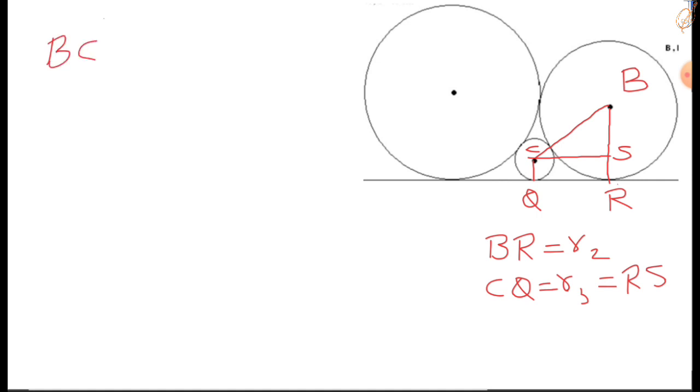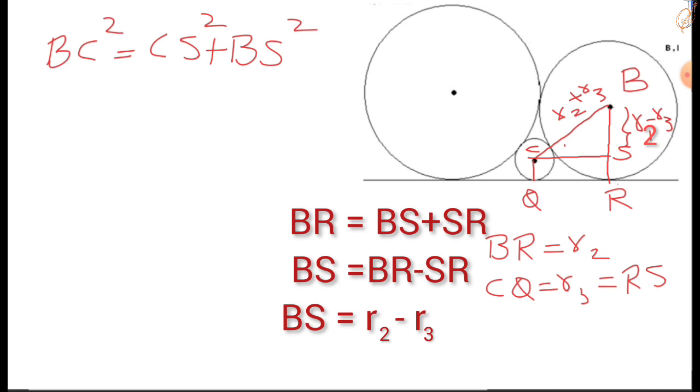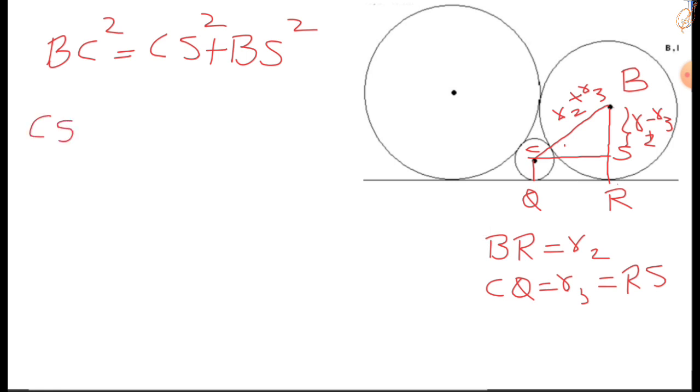BC square equals CS square plus BS square. From B to here, the radius distance is R2. Same like that, here the distance is R3. So BC distance is R2 plus R3. BS distance is R2 minus R3. Now find out CS square.